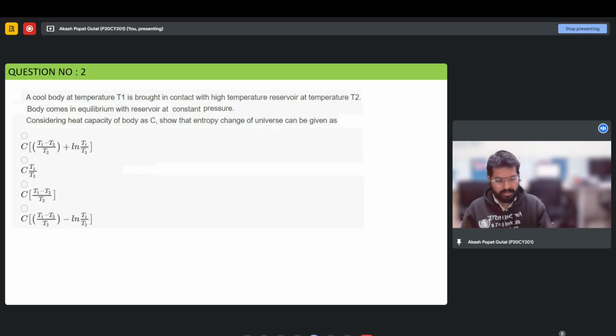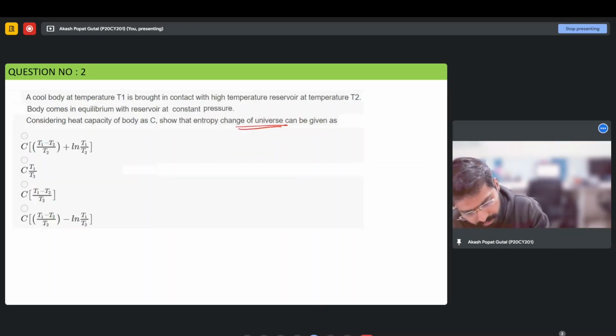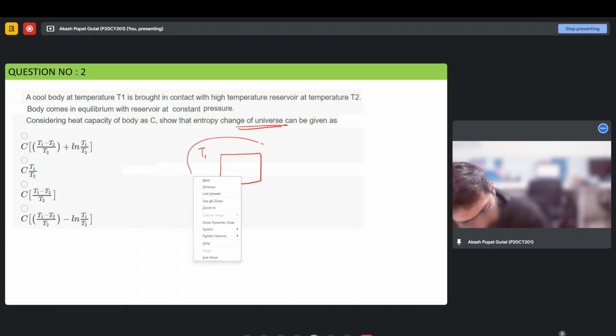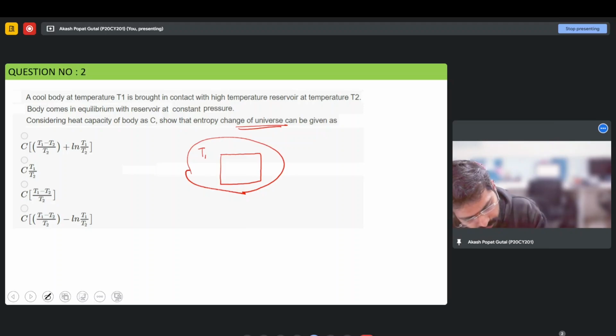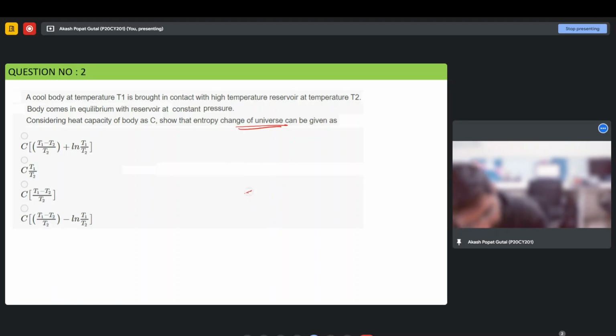We need to find out the entropy change of the universe. So we have a body at temperature T1, which is cold.